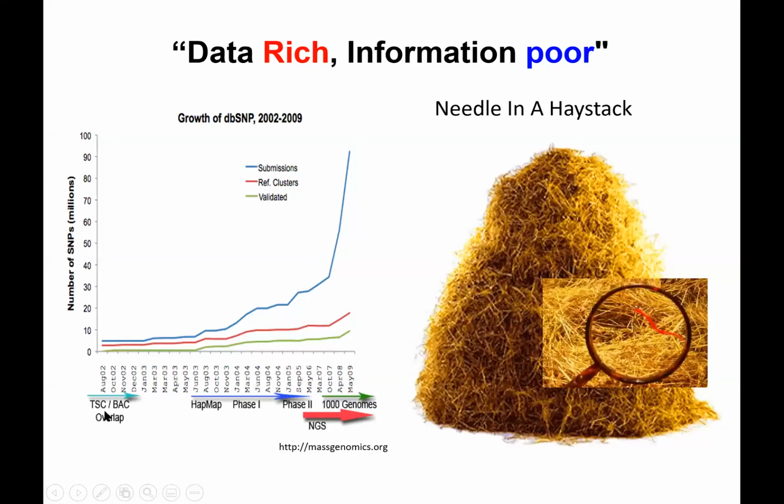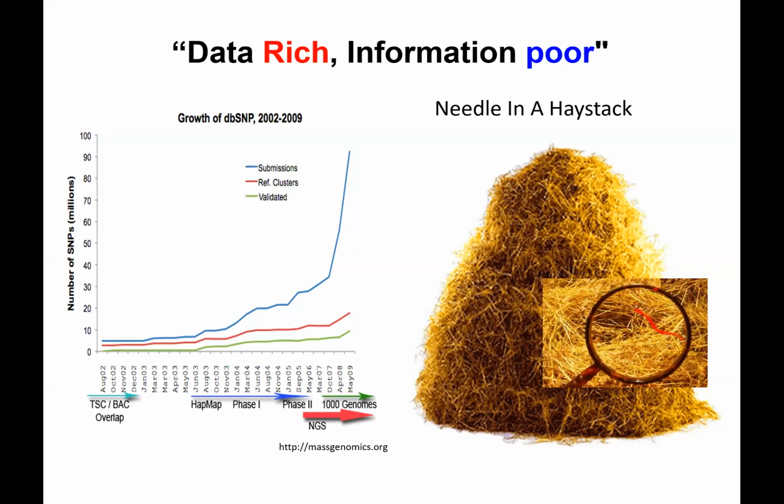This is very good news, but it also brings some problems. For example, the left picture shows the growth of dbSNP. dbSNP is a database that includes many kinds of human genetic variations. We can see that when next generation sequencing came to the market, the submissions to dbSNP significantly increased.